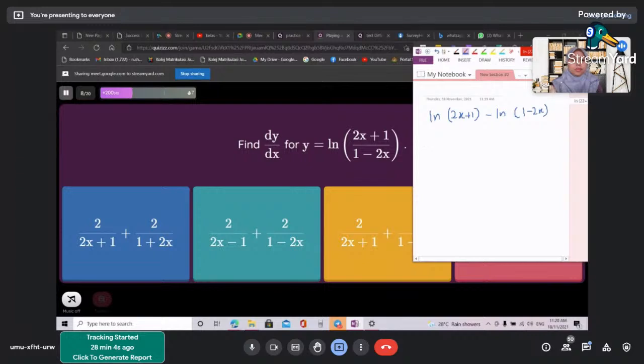Then after that you can differentiate one by one. Differentiate ln 2x plus 1, you will get 1 over 2x plus 1, but you need to multiply with the derivative of 2x plus 1, which is 2. Differentiate the other ln, it is 1 over 1 minus 2x, and then you need to differentiate 1 minus 2x, which is negative 2. So minus is positive.